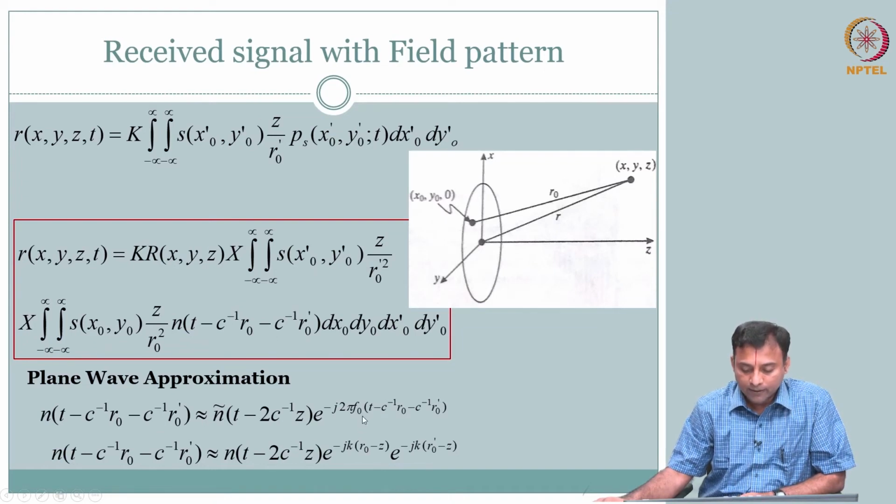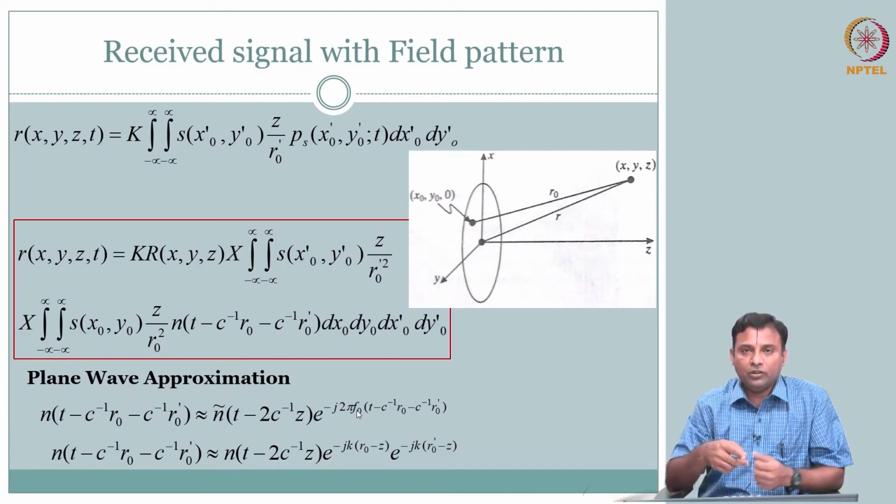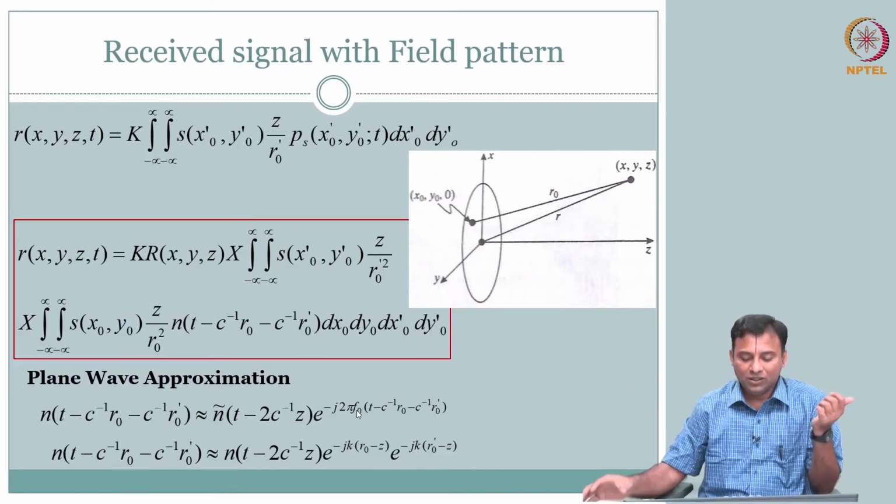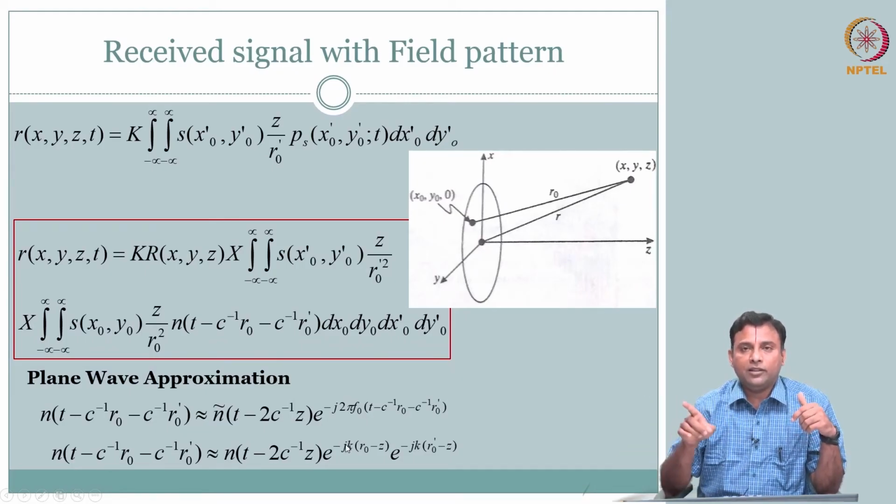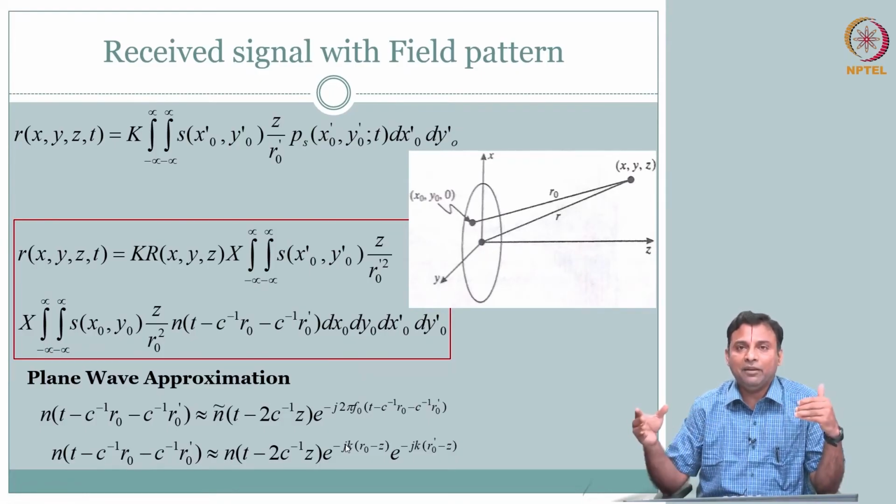Why? Because you know this 2 pi f naught is there, but then we are talking about wave number. Remember, I said it will be conveniently used because the field pattern is in space. So, I would rather convert this time quantity f naught to how the wave is propagating in the medium.